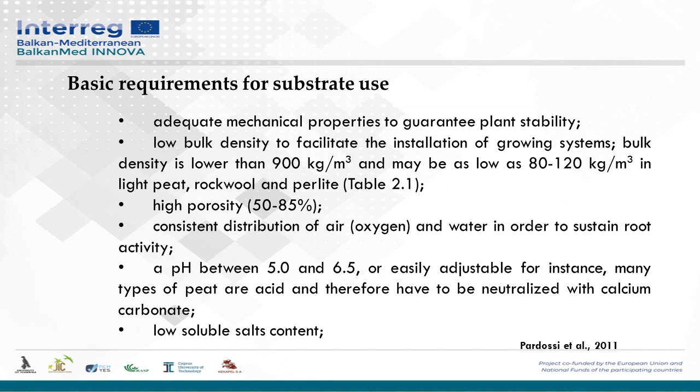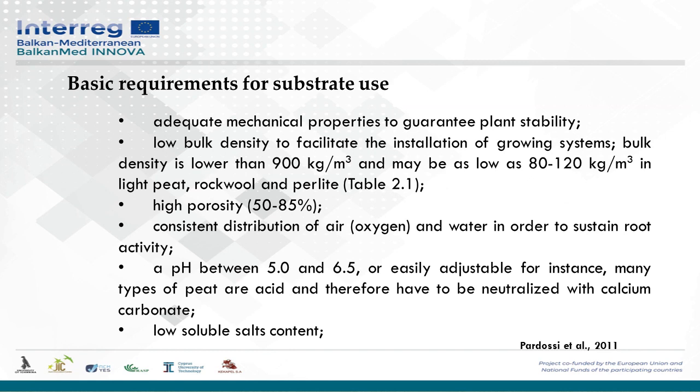stability. They should have low bulk density to facilitate the installation of growing systems. They must have high porosity at the level from 50 to 85%. They must guarantee a consistent distribution of the air, of the oxygen and water in order to sustain the root activity.